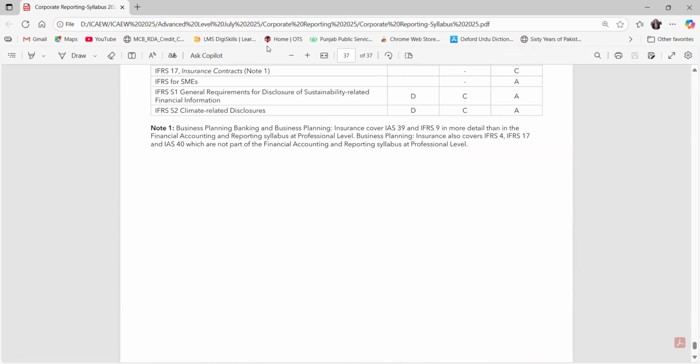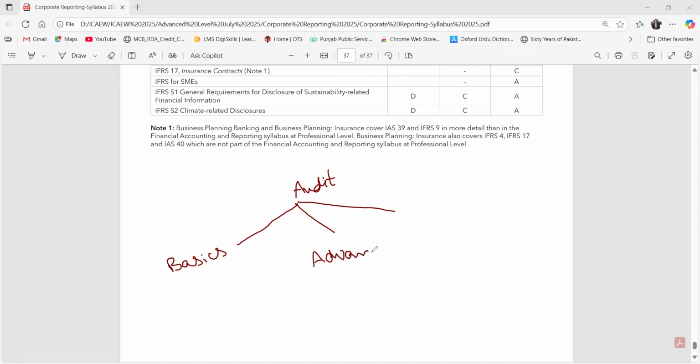On the audit side, let me share this. Audit includes all of your areas, but in corporate reporting, the areas which are tested, you need basics, but you also need them at advanced level, advanced audit.